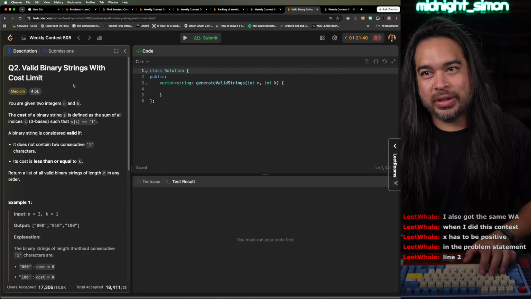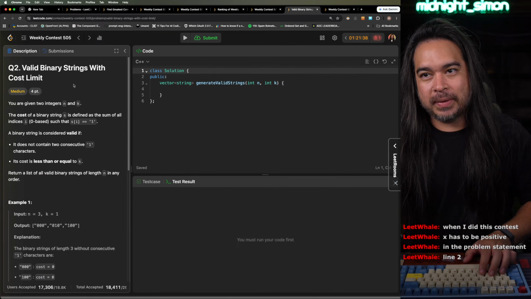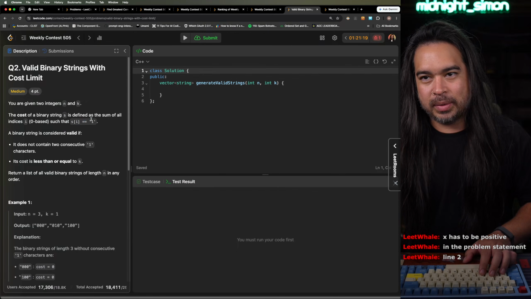Valid binary strings with cost to limit. You are given two integers n and k. The cost of a binary string s is defined as the sum of all indices i, 0 based, such that s[i] equals 1. Sum of all indices i where it's equal to 1.